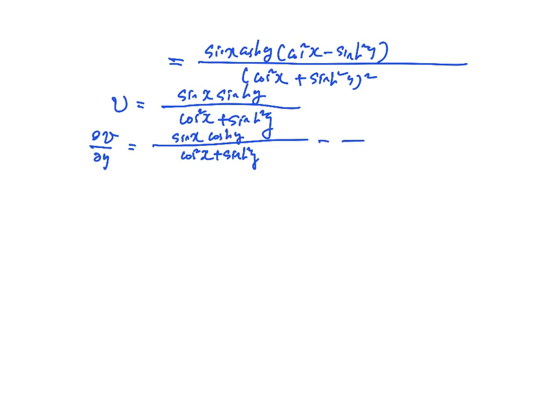Minus, now the derivative of the denominator: cosine square x plus sine hyperbolic square y squared, and sine x, twice over sine hyperbolic y cosine hyperbolic y, right?